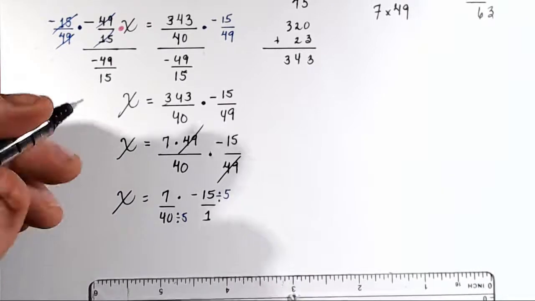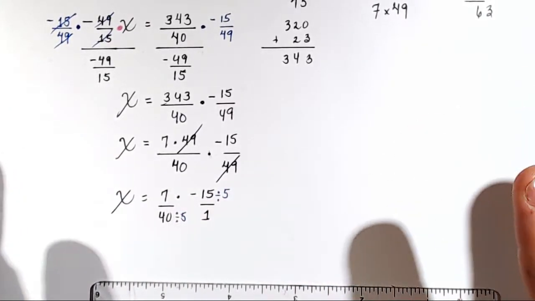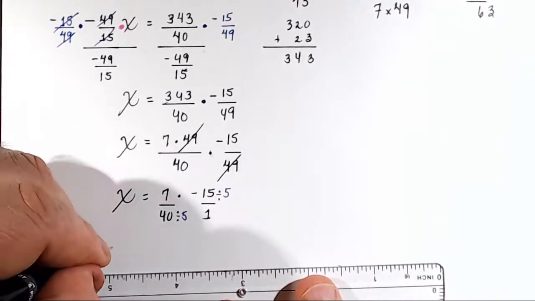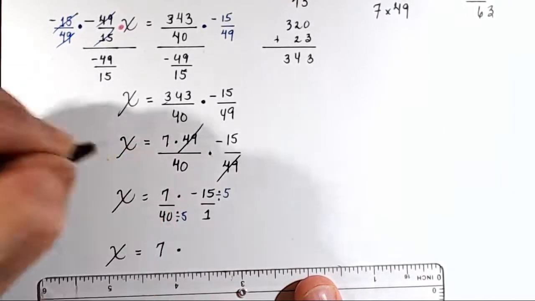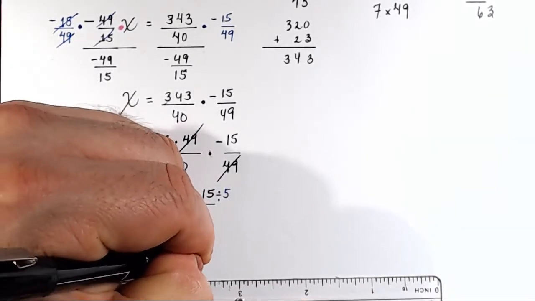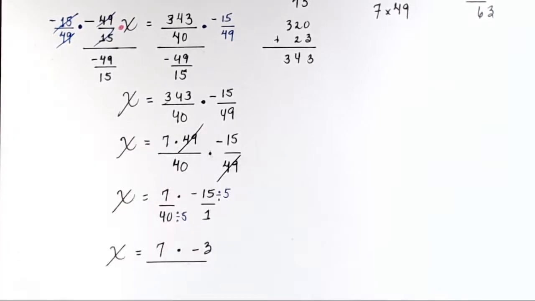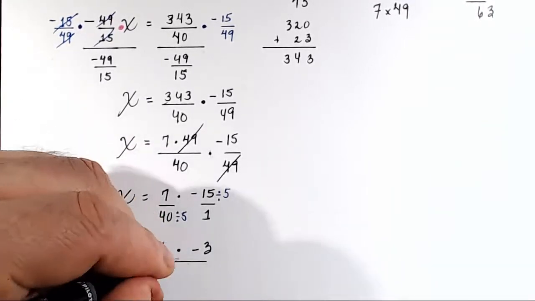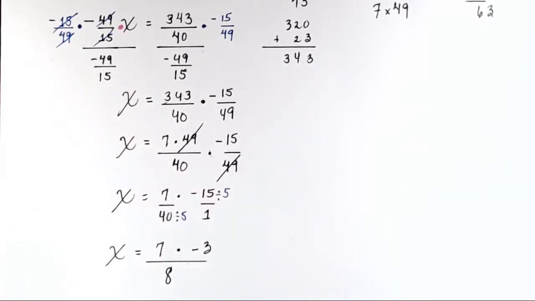So, because I'm doing the same thing to the top and the bottom, it's okay for me to do this. So now I'll rewrite x is equal to 7 times, and now what is negative 15 divided by 5? It's negative 3. 7 times negative 3 over, okay, what is 40 divided by 5? It's 8, okay? So now we have a much simpler problem.